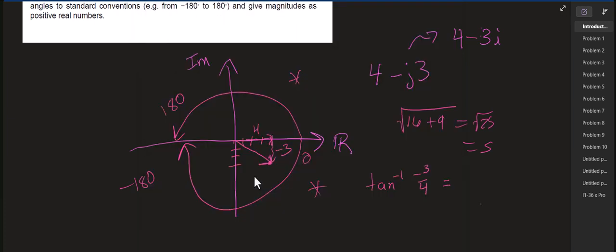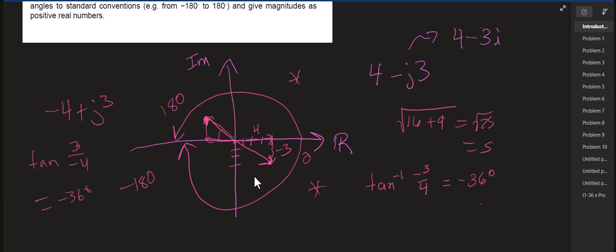Okay, so what angle did you get? -36 degrees. Is that correct for my problem right here? For this one, yes. Now, if I had this point right here, -4 plus j3, I would do the inverse tangent of 3/-4 and I would also get -36 degrees.